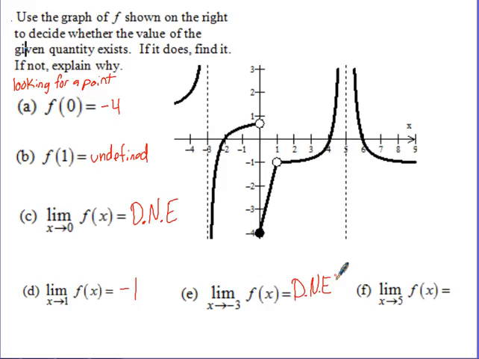And then last one, the limit as x approaches 5. From the left, I'm writing this left curve. From the right, I'm writing this right curve. And I'm both going towards 5. What do you notice? They're getting closer, right? Are they ever going to touch this line? They're never going to touch. And this is continuing forever. What are they going towards?